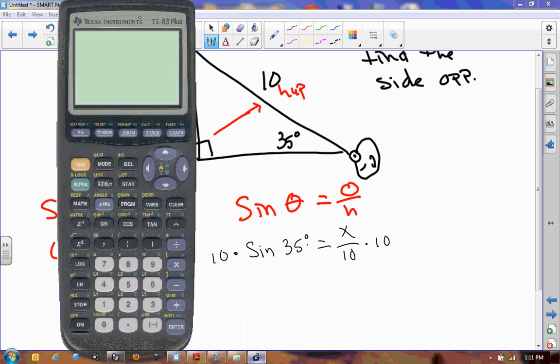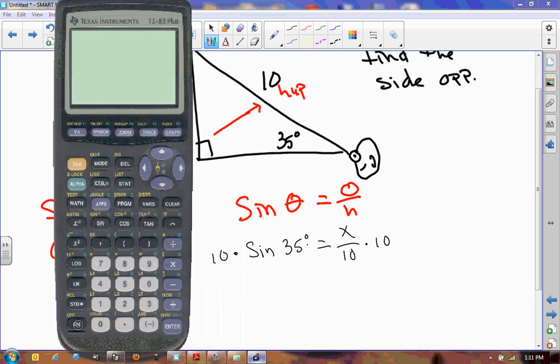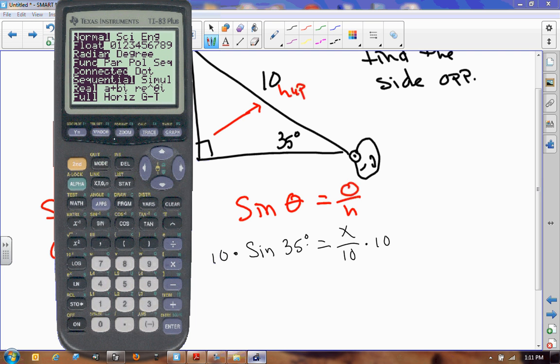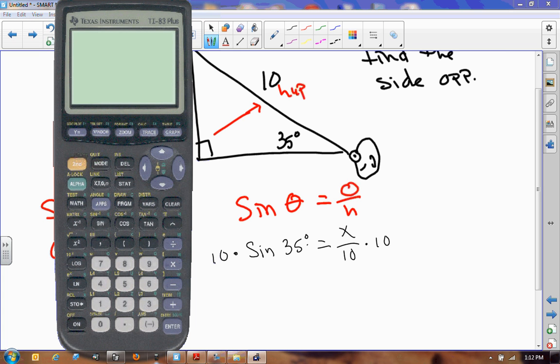If you've got a TI calculator, if not, there's some in the closet, so go get some. Just make sure you bring them back. So here's my mode key. Mode key, normal. I don't want to be in radians. I want to be in degrees. Okay, so I press mode, go down. Where it said radians, I want degrees to be blinking on and off. Second, quit, get back out of there.